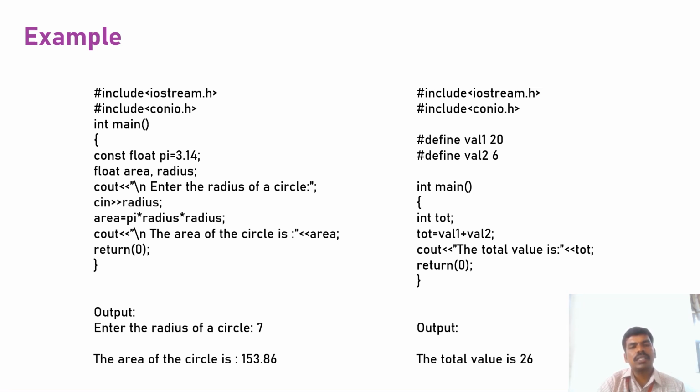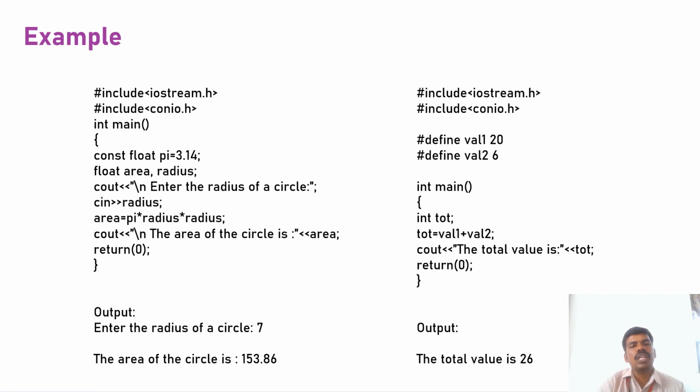The area of circle formula is area equal to pi into radius into radius. The pi value is the constant value. We declare the variable pi in the form of floating point data type. That floating point pi variable is declared as a constant variable.